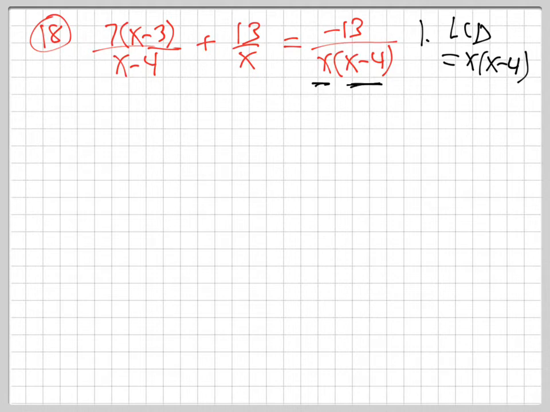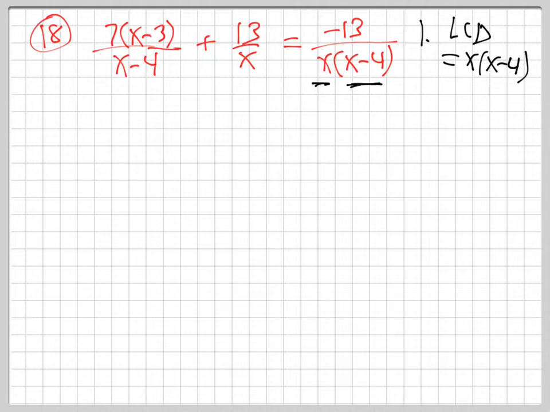One of every type. It's like going to the store, and I'm going to buy one of everything. One shaving cream, one bar of soap, one pencil, one... That's what we're doing with the LCD. You're buying one of every type of thing that's under the bar in the denominator. So it's x and x minus 4.